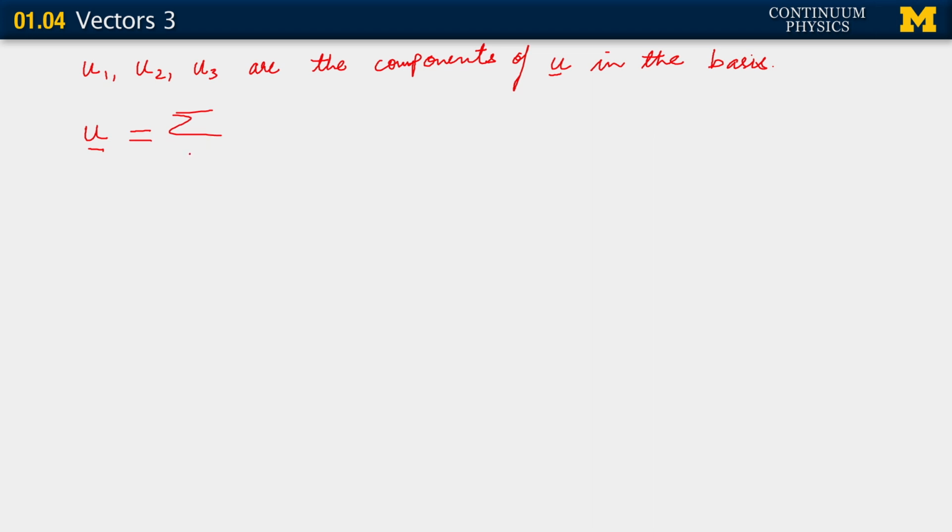Observe that we could write u as a sum over i going from 1 to 3 because we are in 3 dimensions. It's a sum over i of ui ei. This would work, except that it's not so convenient because we have this summation symbol here which is a little clunky looking.